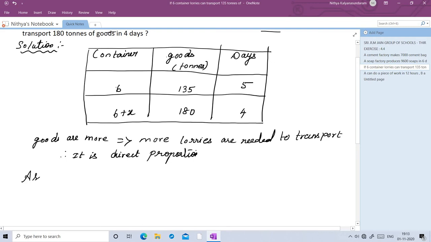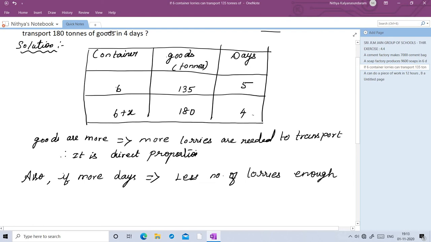Also, if more days, fewer lorries are needed. If there are more days, we definitely need fewer lorries. So therefore it's direct proportion.